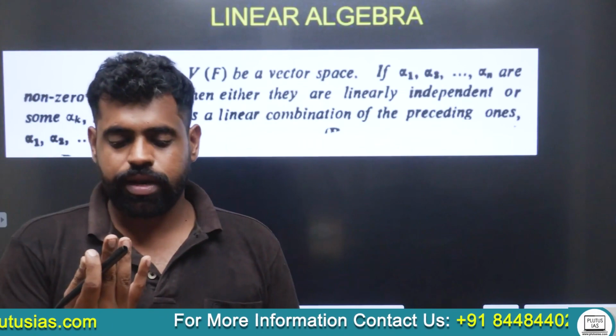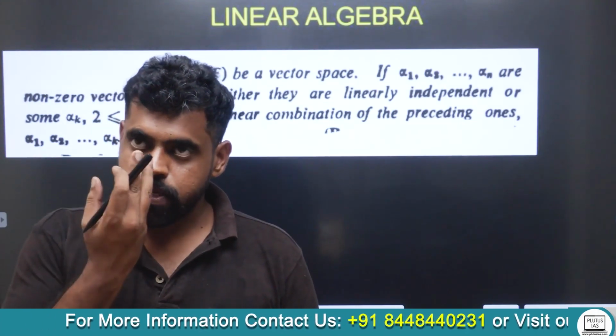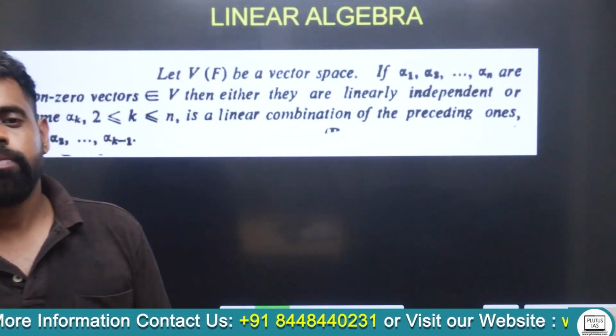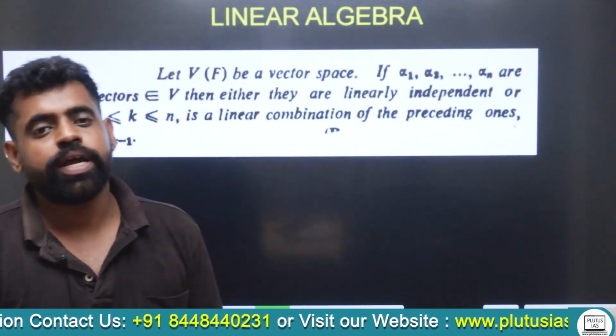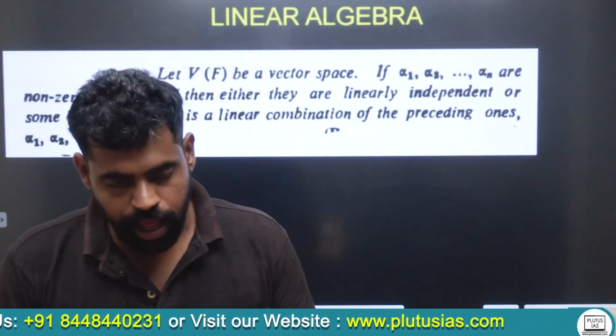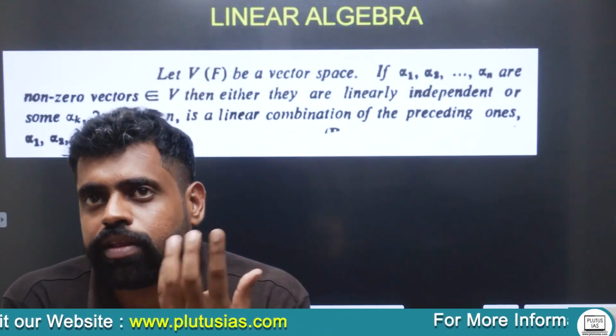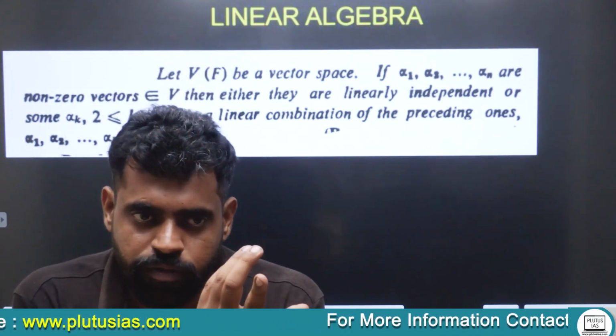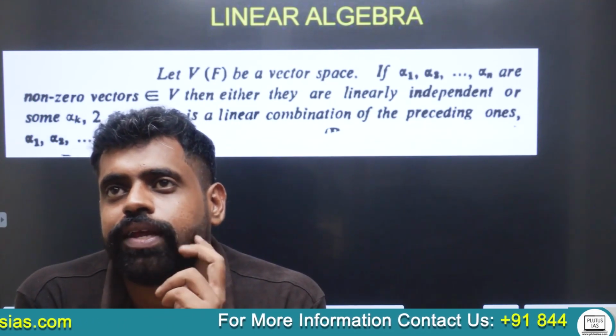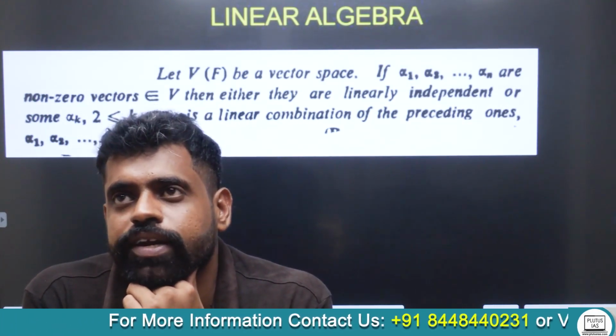Please look here. Now, this is an important concept. These are theorems which you don't have to prove, but you should have an idea of them, because these theorems would help in proving other theorems which are important for us. The first one says: let V be a vector space.